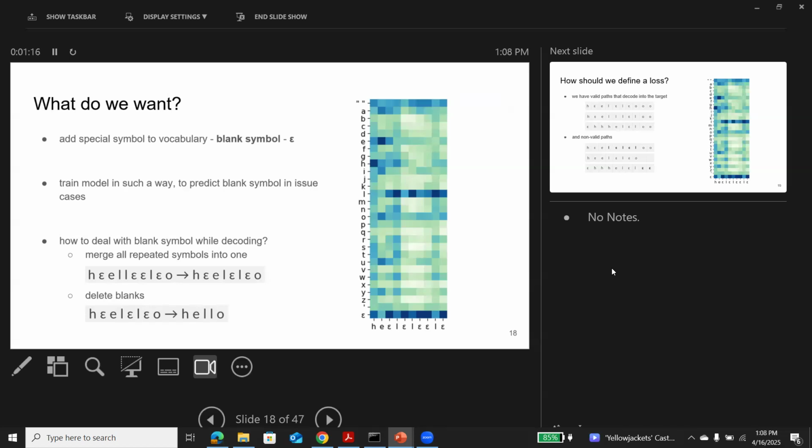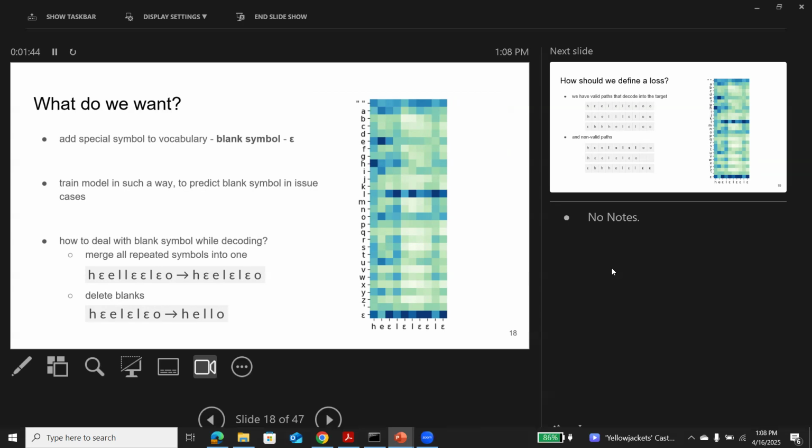For example, if it doesn't understand what character was pronounced, or maybe there is a silence. And also maybe between repeated characters, there will be a silence.